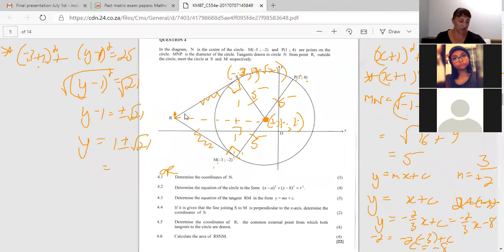So that one's a little bit tough. And I'm not sure that you can just assume that that is directly across, or can you? I think you can. So your y value would be 1.